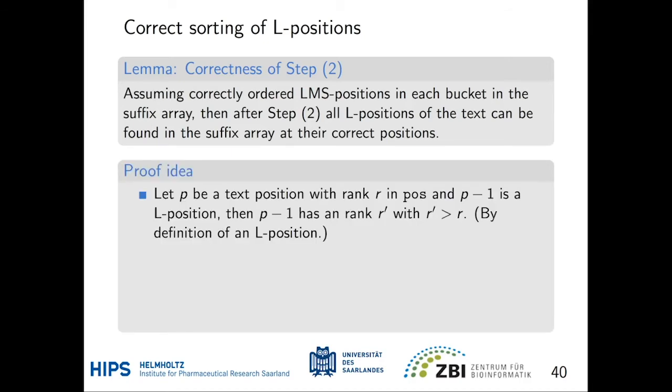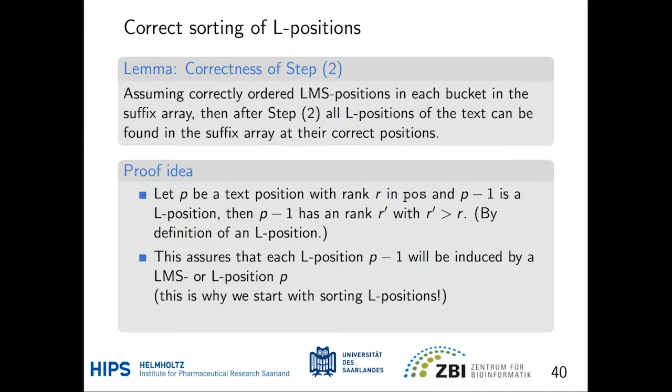Let P be a text position with rank R in the suffix array, and the position preceding P is an L position. Then P minus 1 has a rank R prime, which is larger than R by definition of an L position, because the suffix at position P minus 1 has to be larger than the suffix at position P. So we will need to put this position in the suffix array later than P.